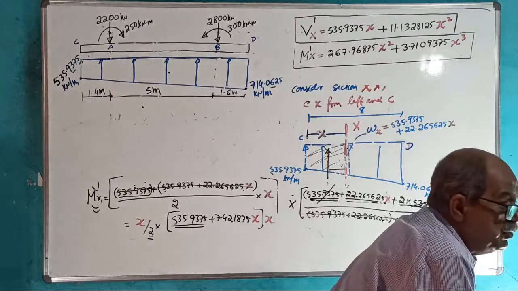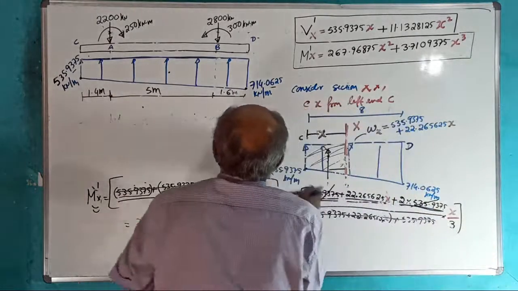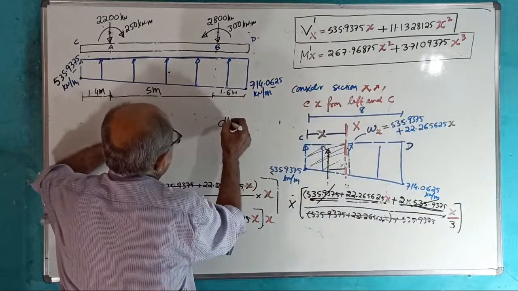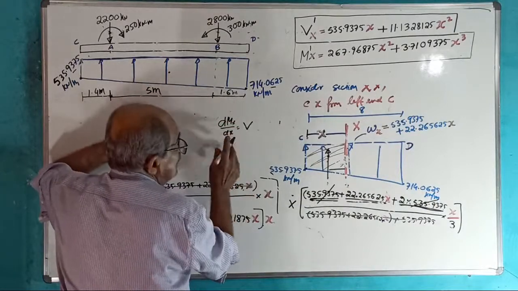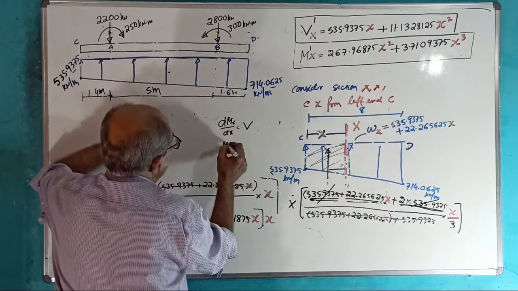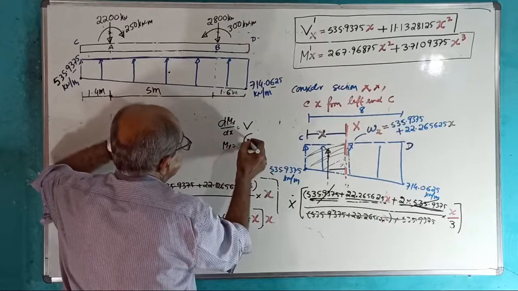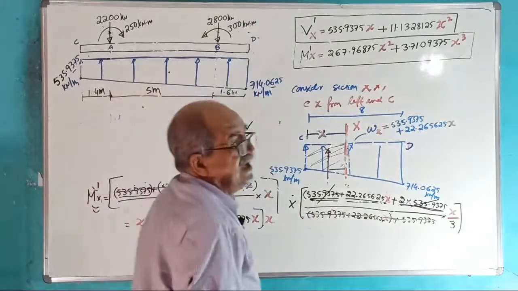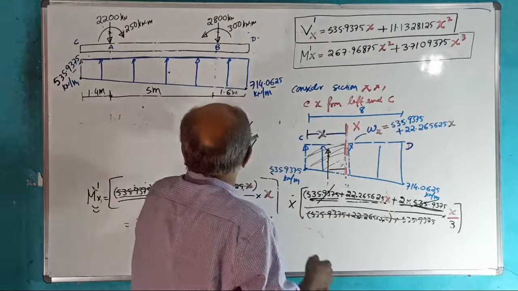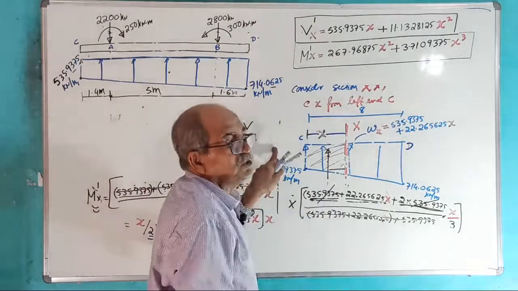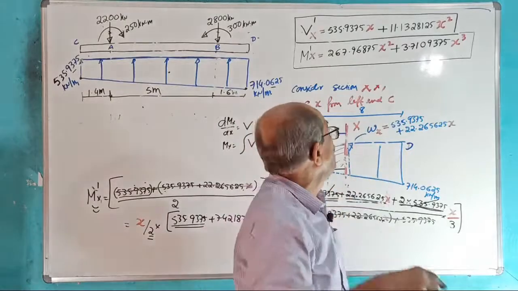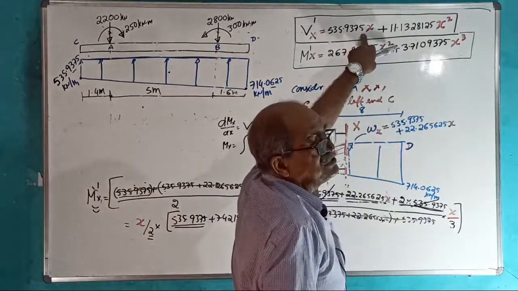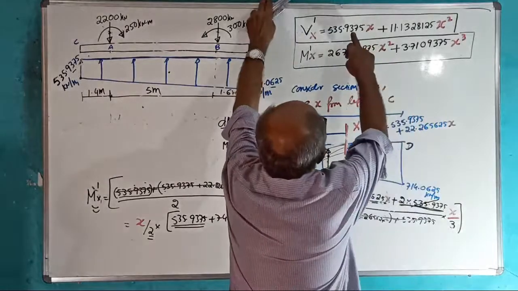Yes. You know that rate of change of bending moment with respect to X is shear force. Therefore, bending moment is the integration of shear force. Correct? So, differentiation of bending moment is shear force, or bending moment is integration of shear force. Simply integrate this one.